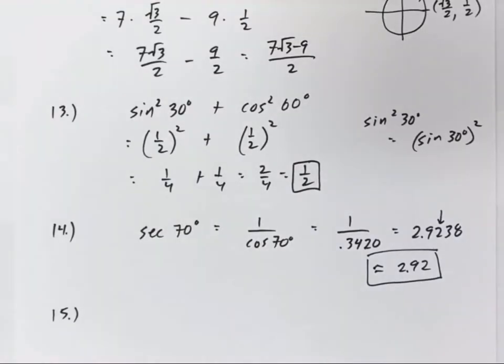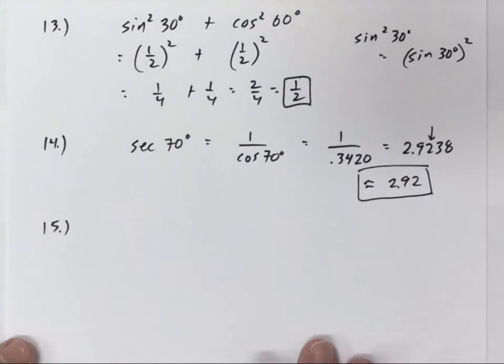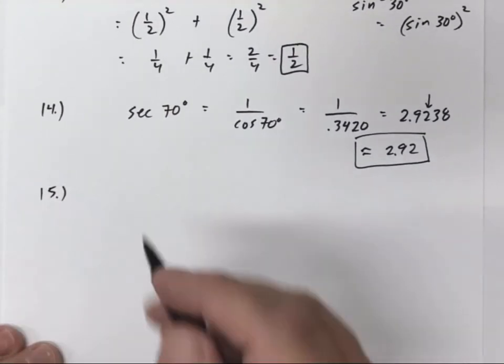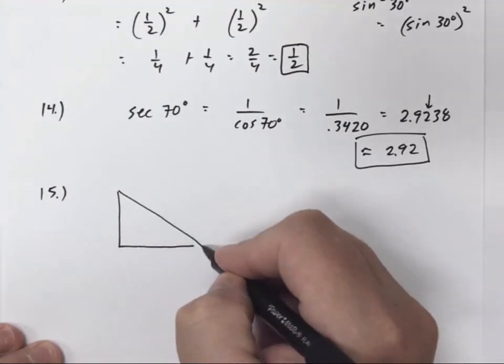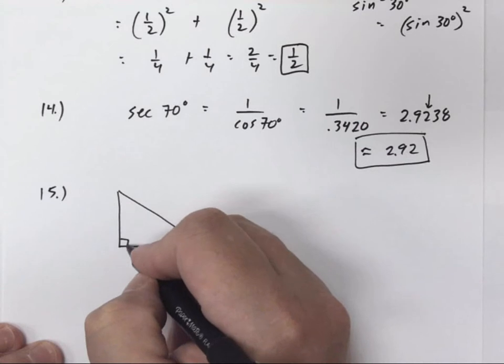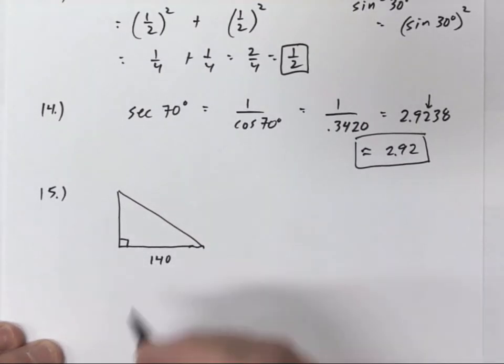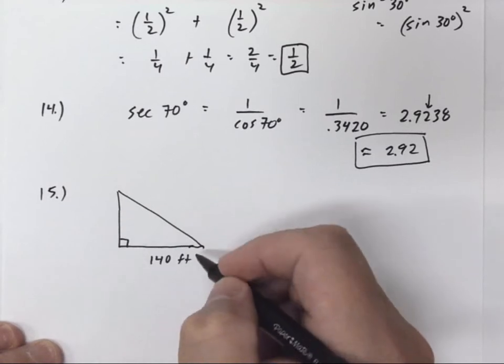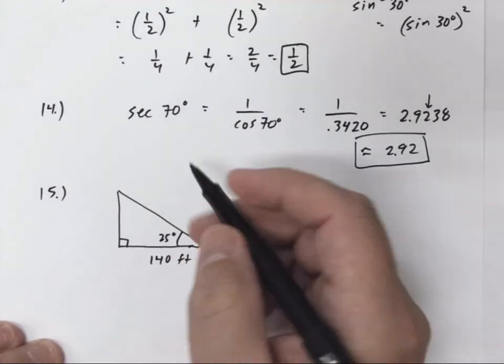So basically what we have is just a right triangle. So if I wanted to, I could just draw this as a right triangle. And they're saying this side is 140 feet. And they tell me this angle is 25 degrees.